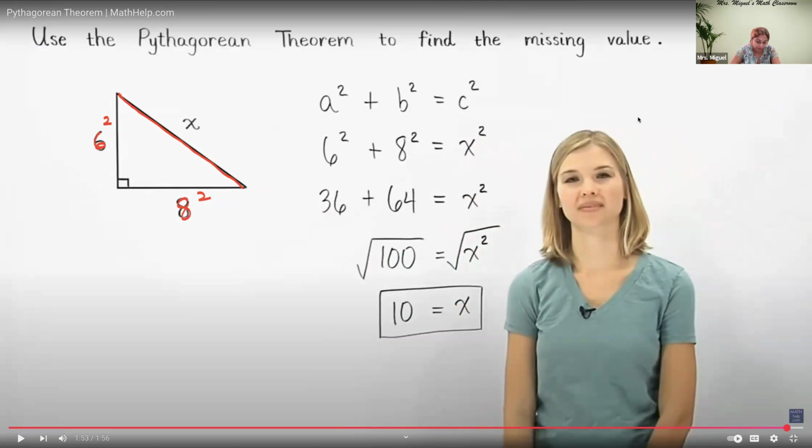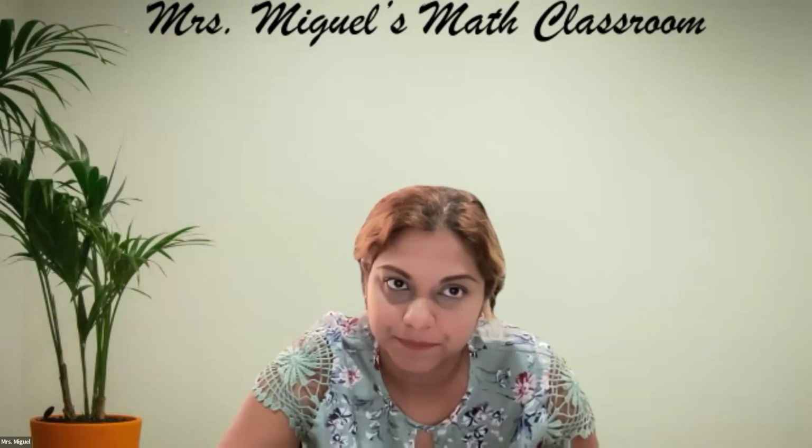So 6 squared is 36, 8 squared is 64. The sum of 36 and 64 is 100. And the square root of 100 is 10. So we're going to apply that same concept in our past paper question to find the value of the hypotenuse.